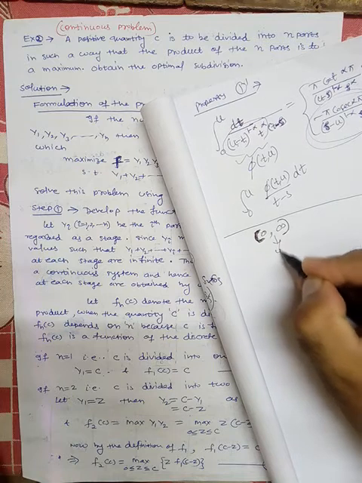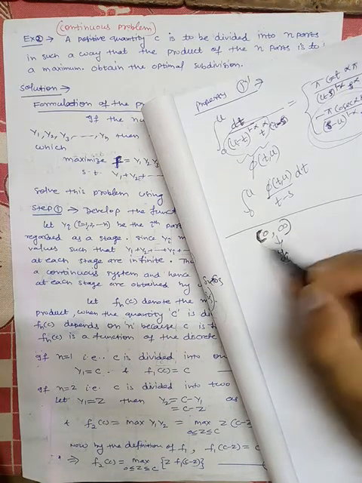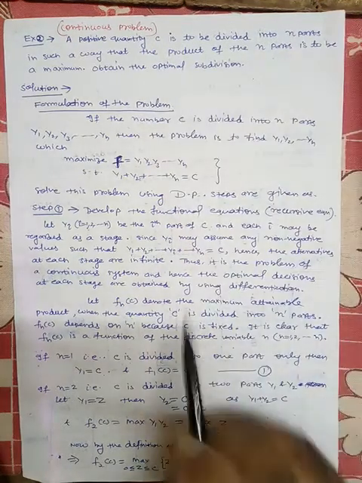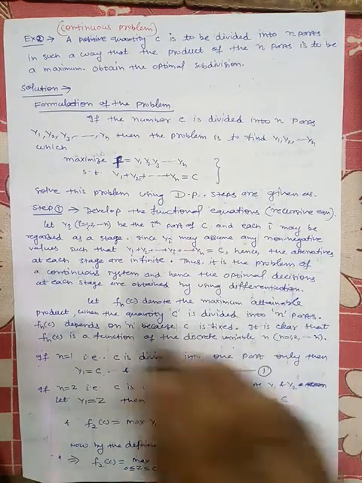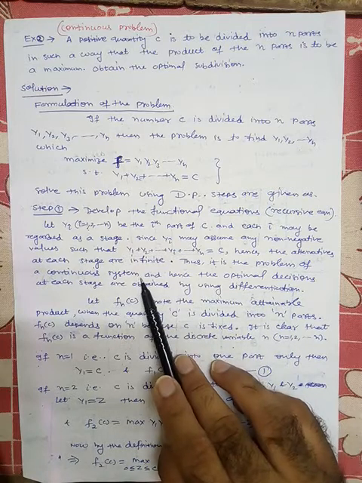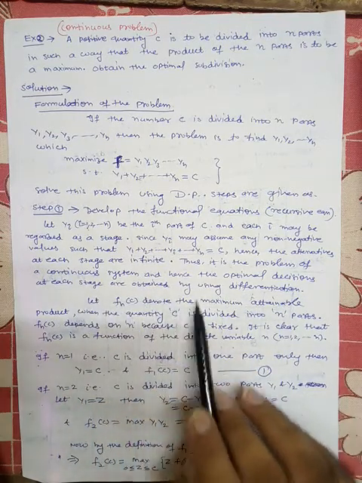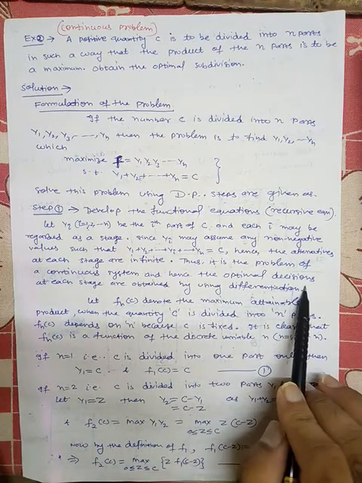So each yi may vary in this set. Hence the alternatives at each stage are infinite, and thus it is the problem of a continuous system, and hence the optimum decisions at each stage are obtained by using differentiation.